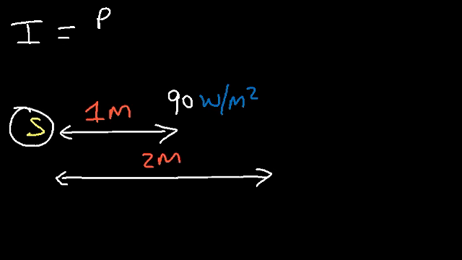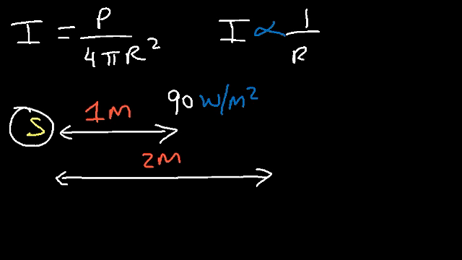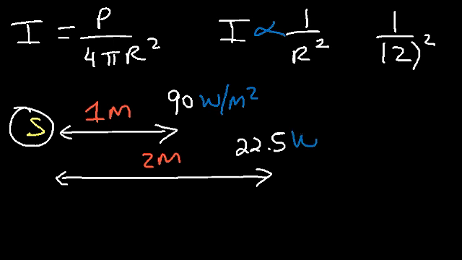According to the formula, intensity is inversely related to the square of the distance. This is known as the inverse square law. So if you double the distance, if you plug in 2 for r, the intensity is going to be 1/4 of its original value. So if you divide 90 by 4, you should get an intensity of 22.5 watts per square meter.